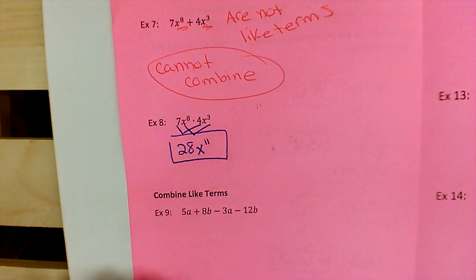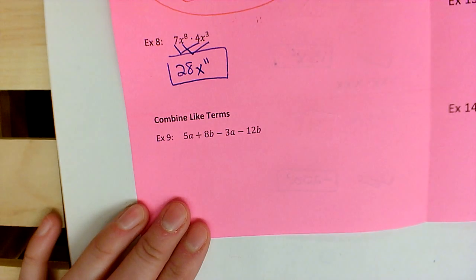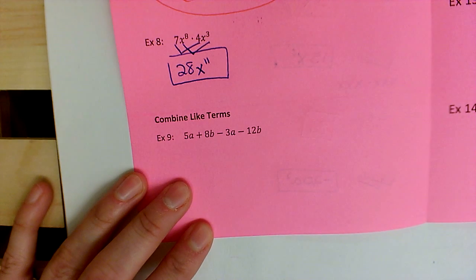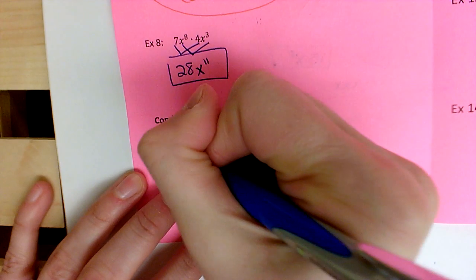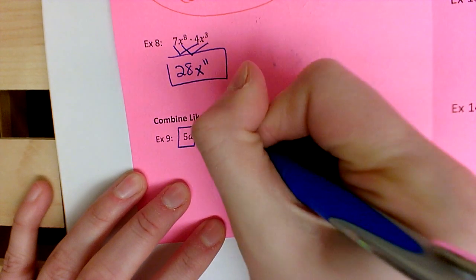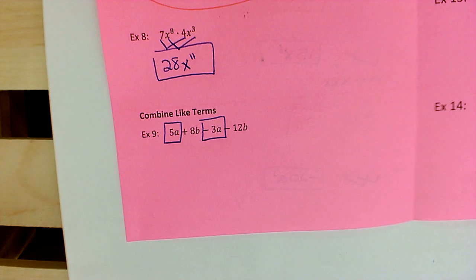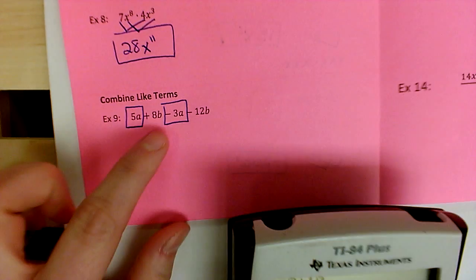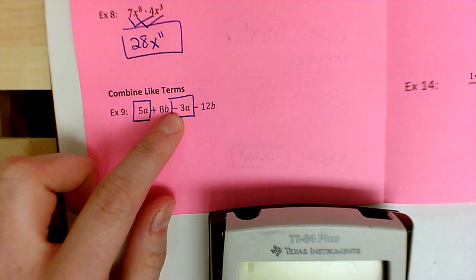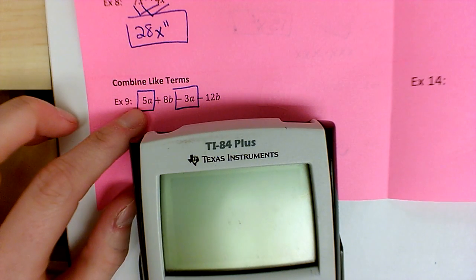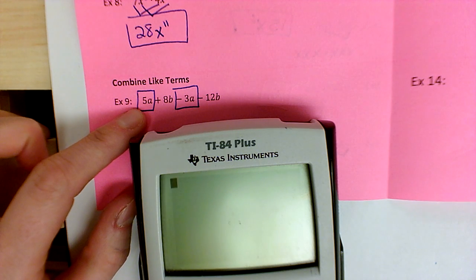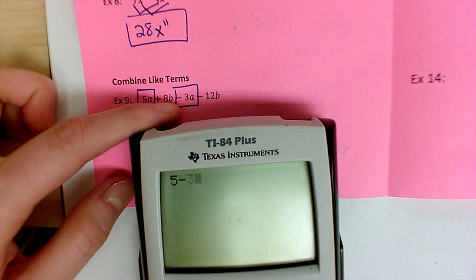So let's get a little bit of practice doing some combining like terms problems since it's been a while. When you are working these problems, find the letters that they have in common, the like terms. These two both had a regular A, so I'm going to put boxes around them. When you do that, make sure that you take whatever sign is in front of it. So now I know when I'm combining them, what I'm doing is the problem 5a minus 3a.